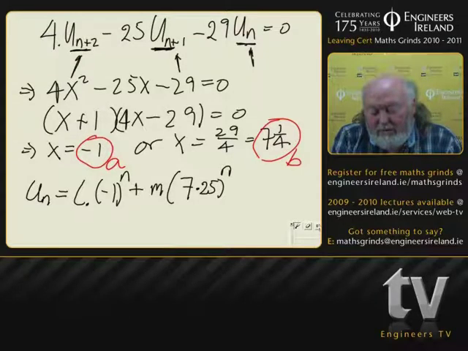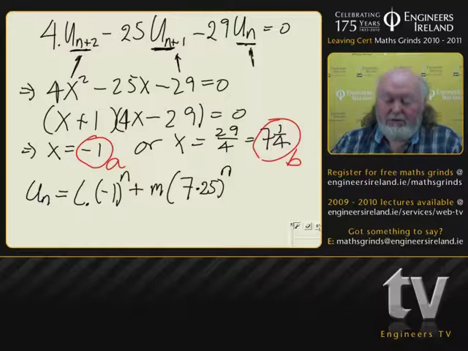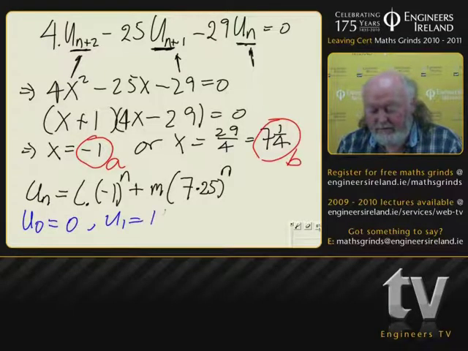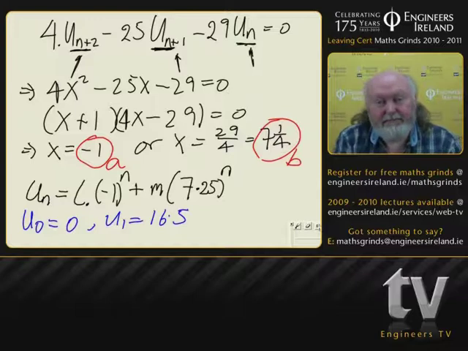Now that's all we need to know, unless we are told what the first two in the sequence are. And we have been told it. We've been told that u0 is equal to 0 and u1 is equal to 16.5.